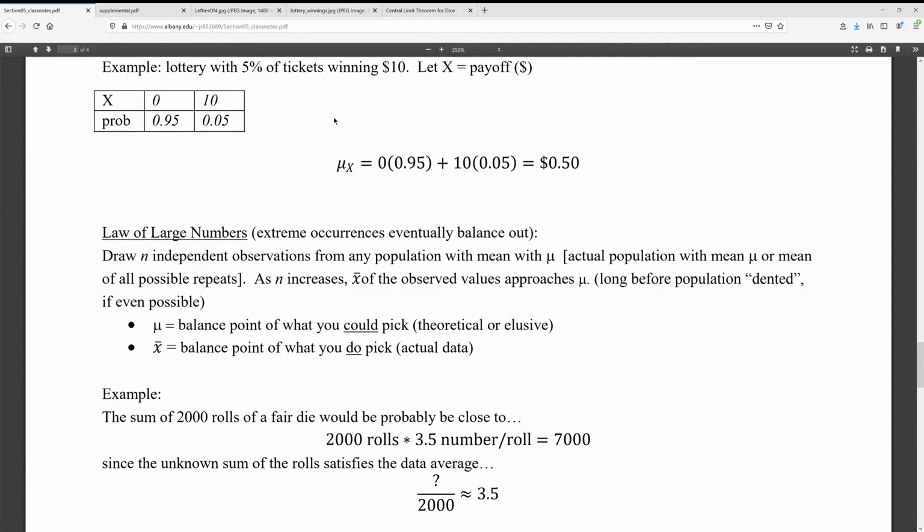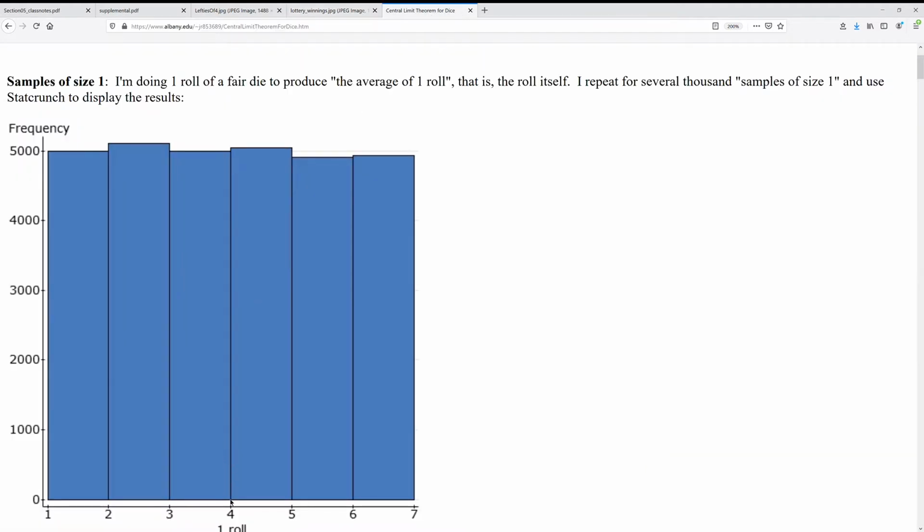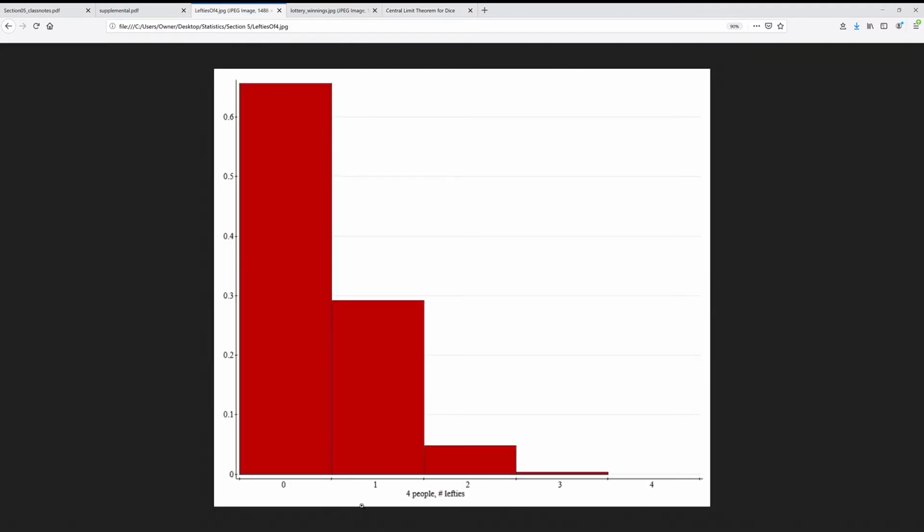So, given that the balance point is 50 cents, how far away from that do we tend to be? Given that the balance point is 3.5, how far away from that do we tend to be? Given that the balance point is 0.4, how far away from that do we tend to be? You could have something with a balance point of 0.4, but theoretically you could tend to be very far away from it.